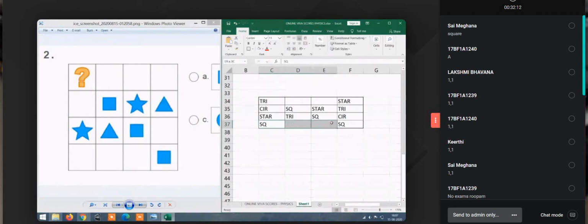Because you already have a square here, this is not possible. Square at the bottom and triangle at the top is not possible. So, what is the only possibility? Sorry, square should go to the top and triangle should come to the bottom. So this way also you can do it. But you see that the first way is the easier one, right?